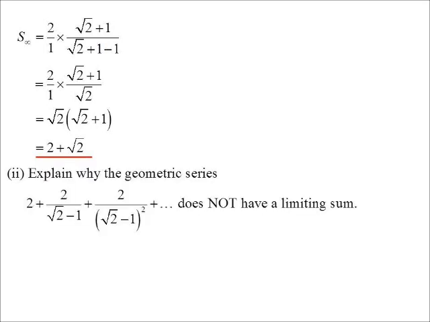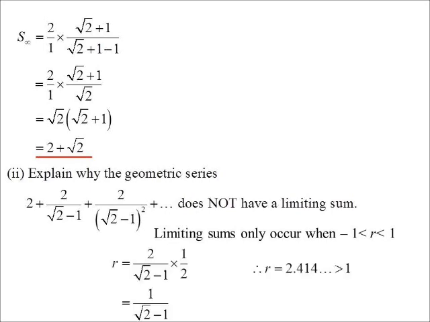And they love this sort of one. Explain why, so that's when it was plus 1. Explain why this one does not have a limiting sum. And this is the sort of question where they're just checking that you know your definitions and what have you. So it will come down to be the ratio, basically. So we know it'll only have a limiting sum if the ratio is between minus 1 and 1.